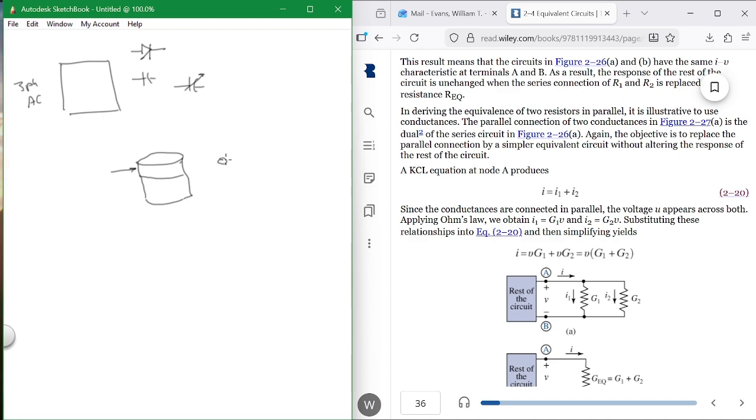Okay, so the copper tubing was there, but they did it in such a way that it looked like, what is that? That's an inductor.